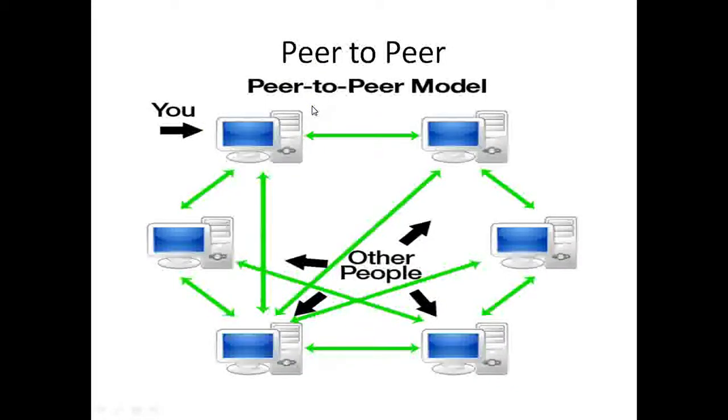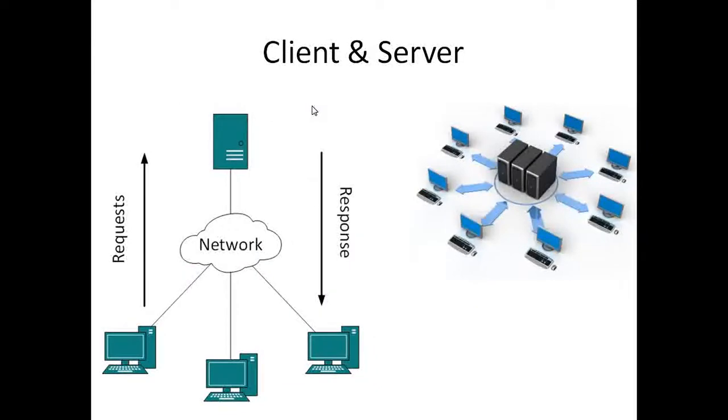So don't forget, very important, in the peer-to-peer network model, you are acting as a server and also as a client, while in the client and server environment, you are acting only as a client, and the servers are based anywhere in your office or in the world as a service.